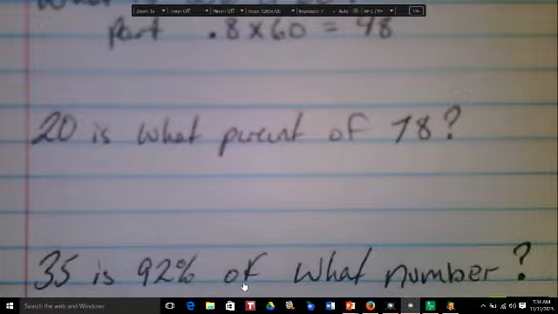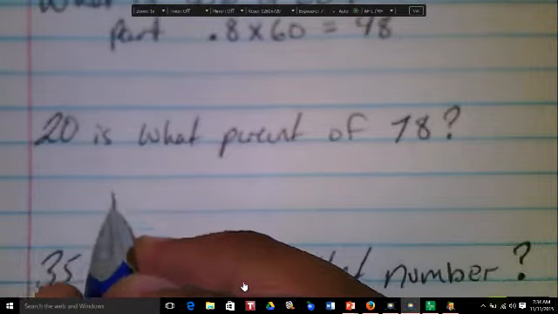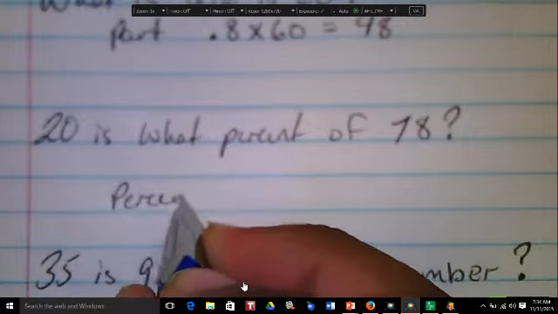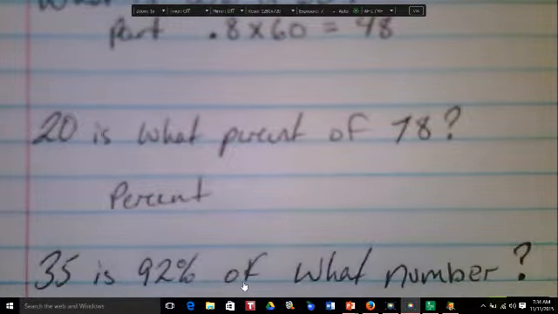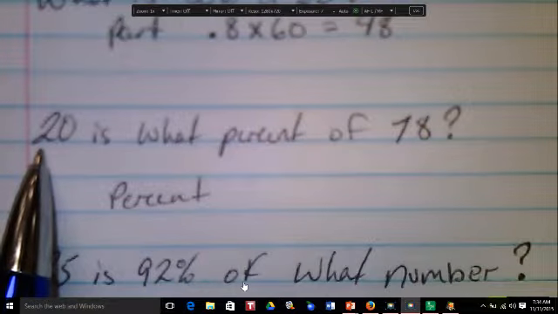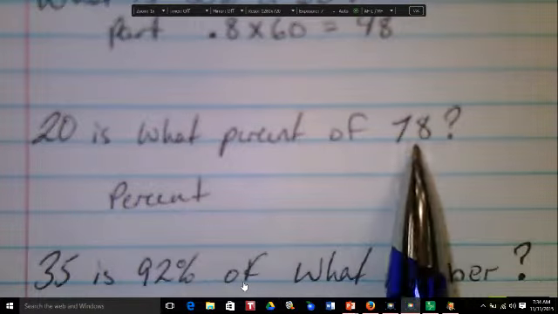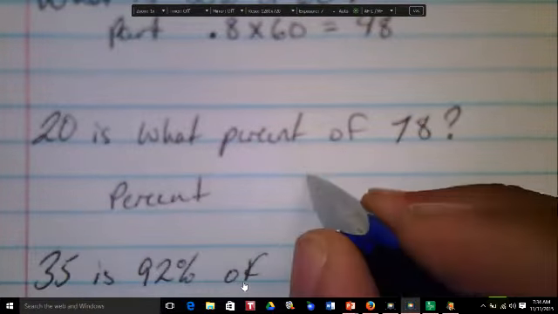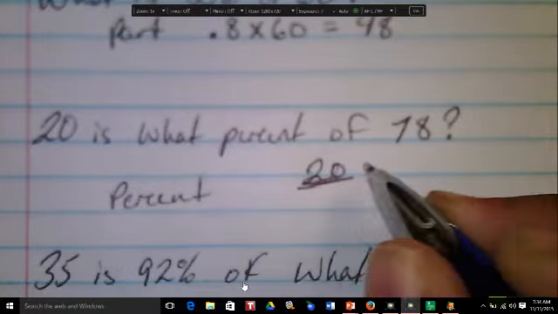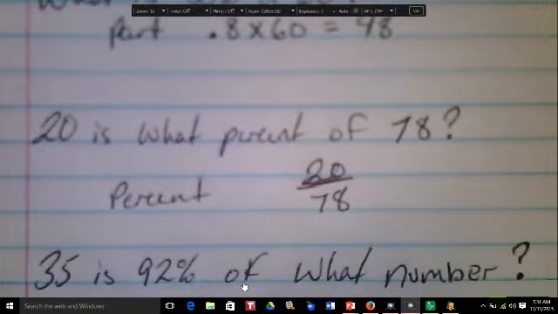The trick to finding the percent is to divide the part by the whole. So we're going to divide the part, 20, by the whole, 78.